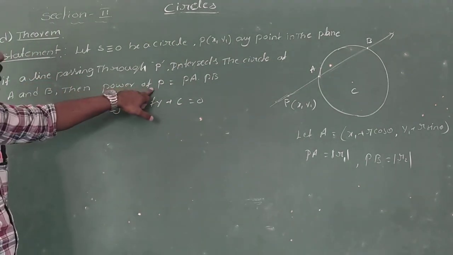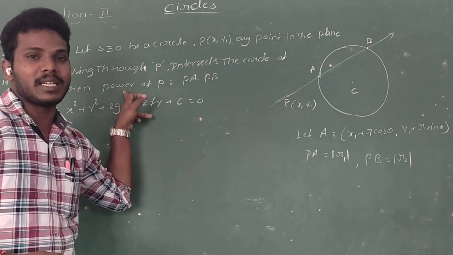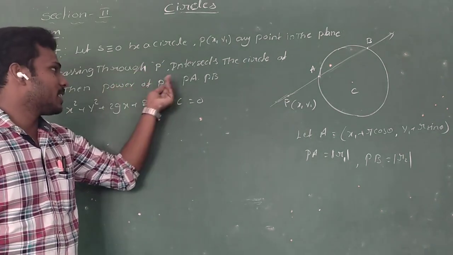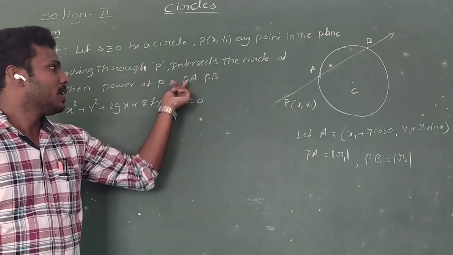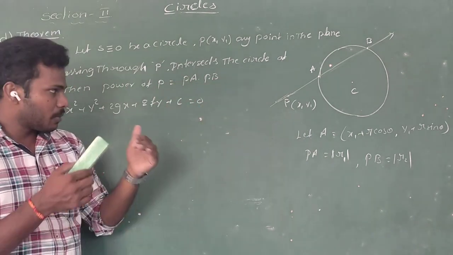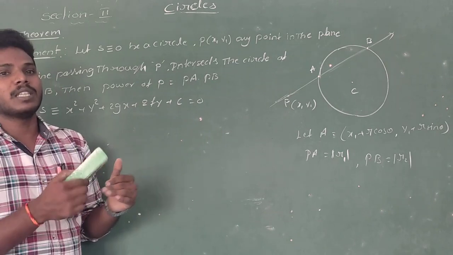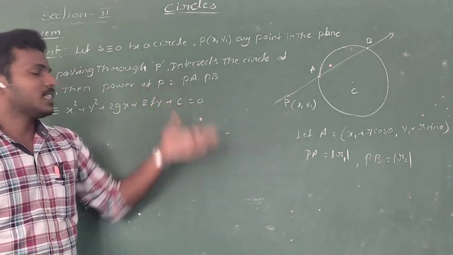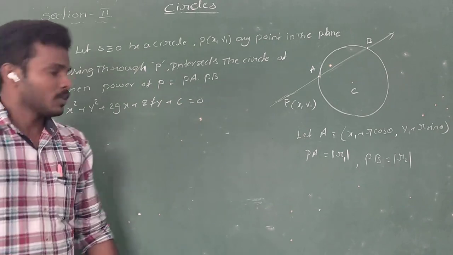The power of point P, as we already know, is the result S11. So the S11 result is nothing but PA into PB. The product of these distances is equal to the power of the point P. That is the statement. You need to prove that.